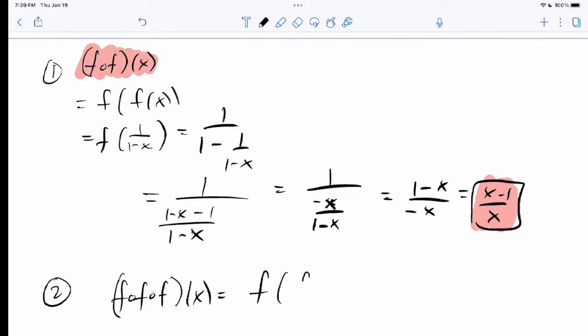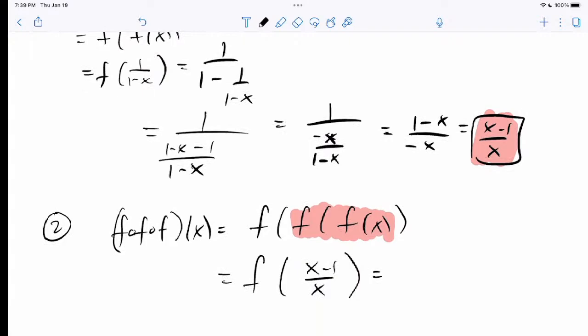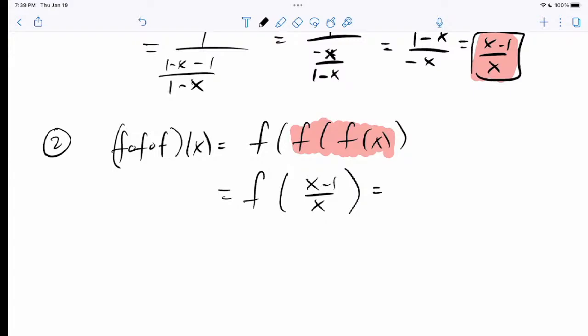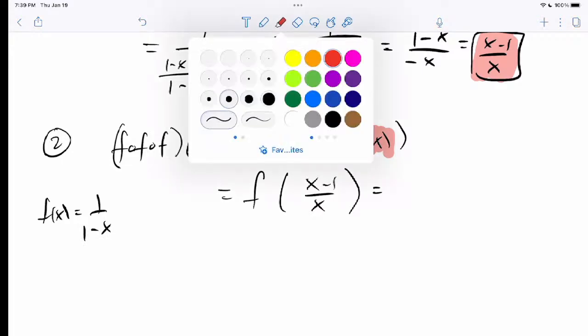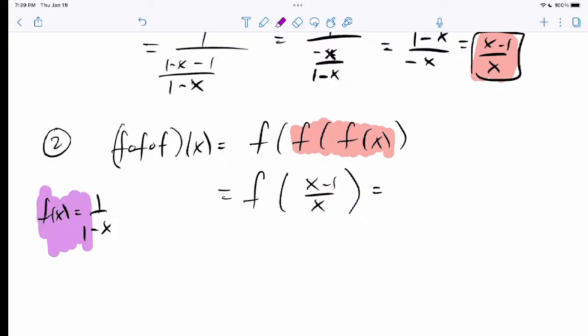Well, that's going to be f acting on f composite f at x, which we literally just did, and we know is x minus 1 over x. Recall this is the original function.